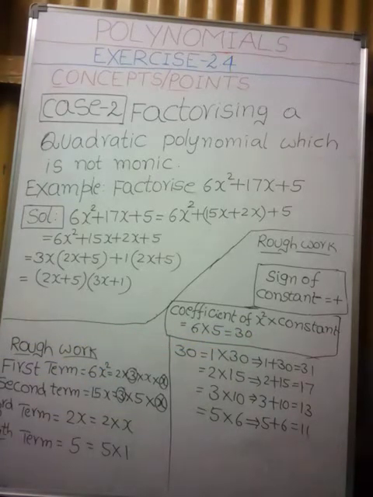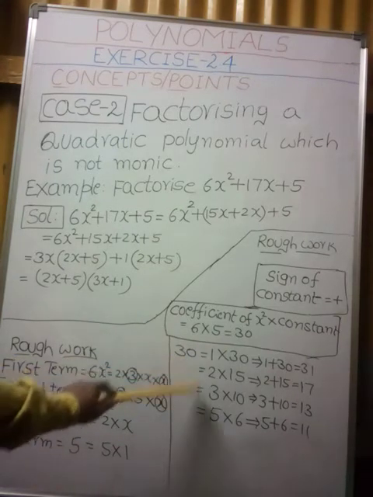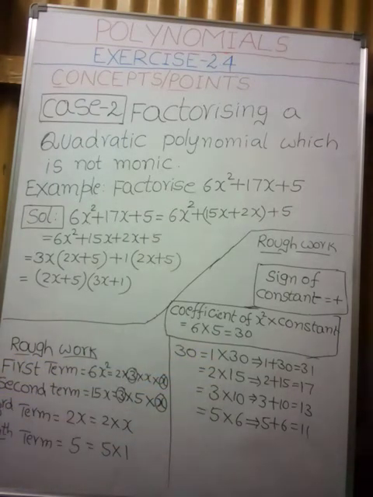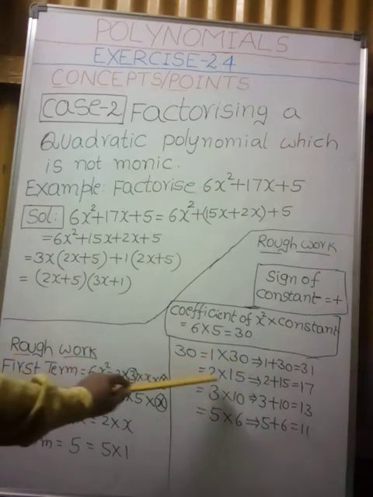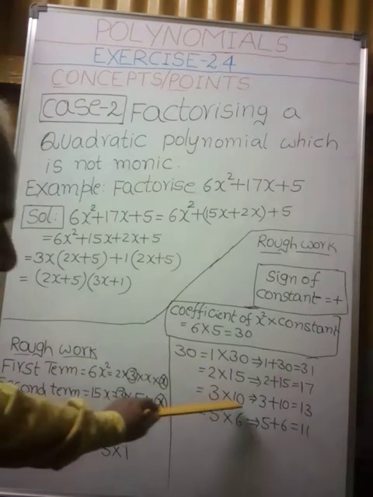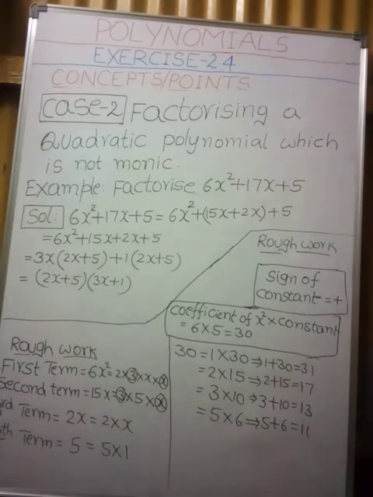Now, after getting this product, we got 30. We have to write this product as a product of two numbers in as many ways as possible. So here 30 can be written as 1 into 30, or 2 into 15, or 3 into 10, or 5 into 6.